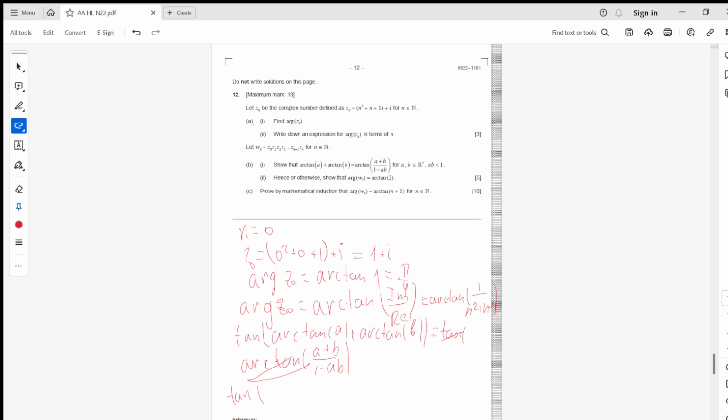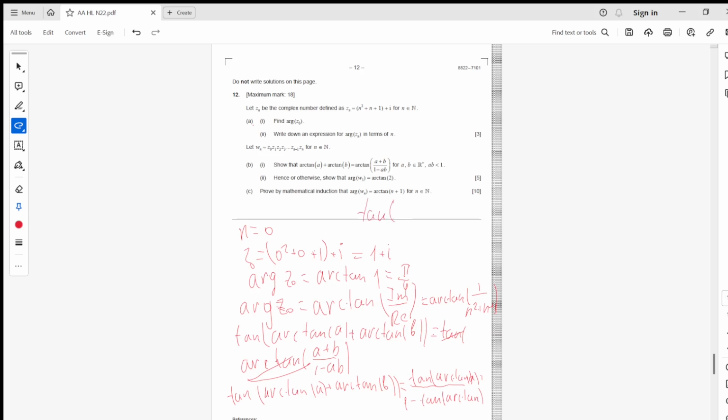So basically, it would be a kind of long equation, but you should know the formula.